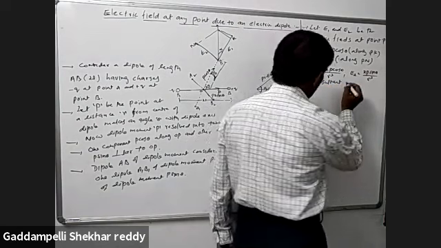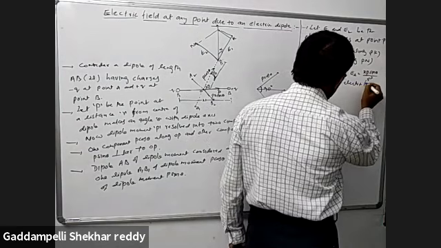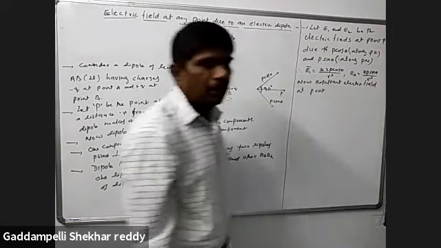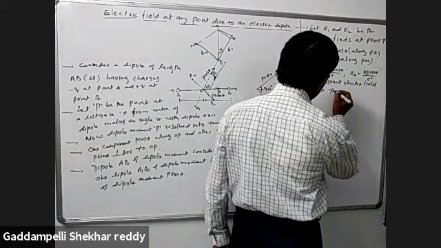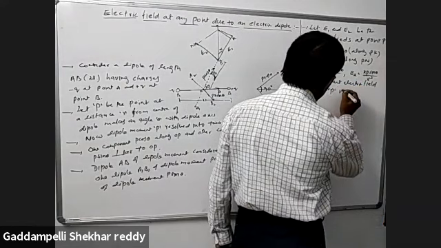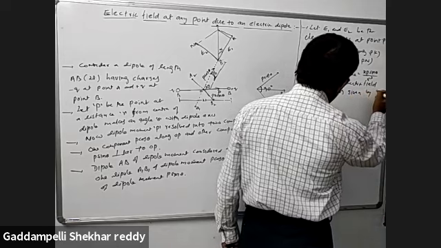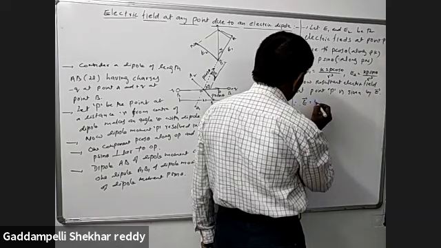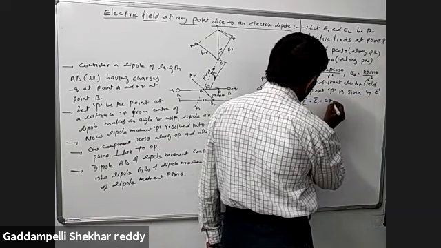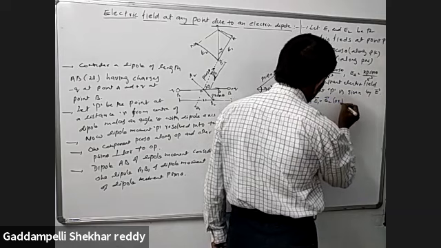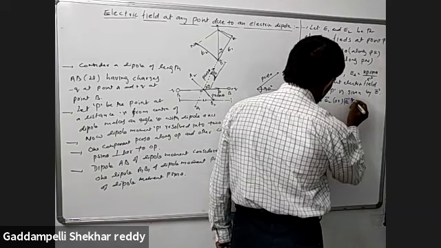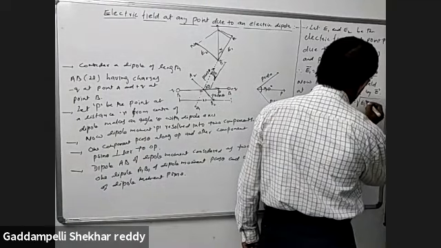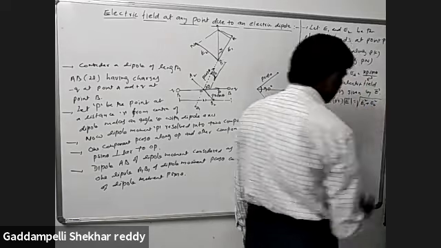The resultant electric field at point P is given by E bar equals E1 bar plus E2 bar, or mod E bar equals under root of E1 square plus E2 square plus 2 E1 E2 cos theta.